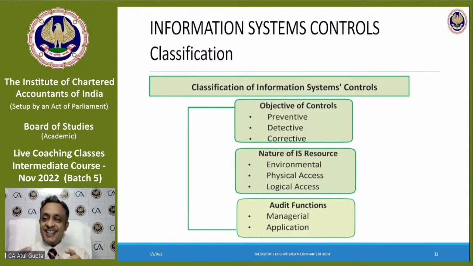So you define controls based on the objective they achieve. Whether they prevent an error, detect an error, or help correct an error, a risk, an issue, or an event, you classify controls as preventive, detective, or corrective.